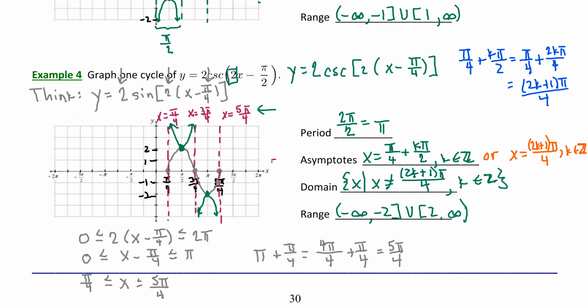So the key to graphing both a secant and a cosecant is to first graph the corresponding sine or cosine, and understanding the appropriate reciprocal relationship, then cosecant or secant will bounce off of the corresponding sine or cosine wave. And don't forget, you can certainly check this with your calculator.